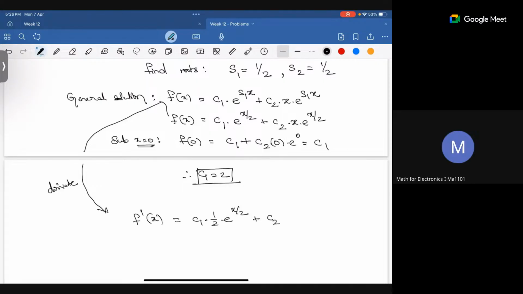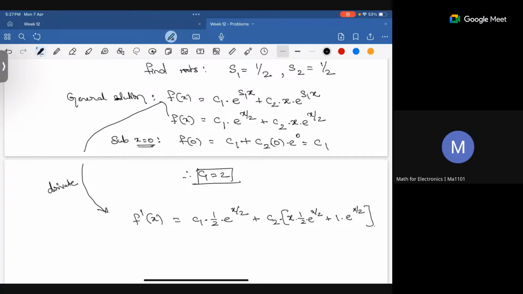plus c2, here it is a product of two functions, x and e power x by 2. So I'll have c2 of, if I take the derivative, x and the derivative of e power x by 2, plus the derivative of x, which is 1, times e power x by 2. Right?